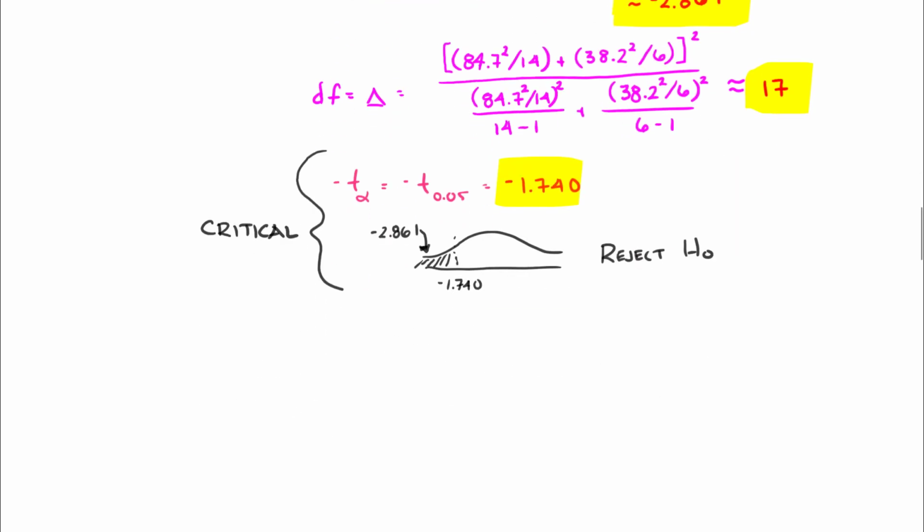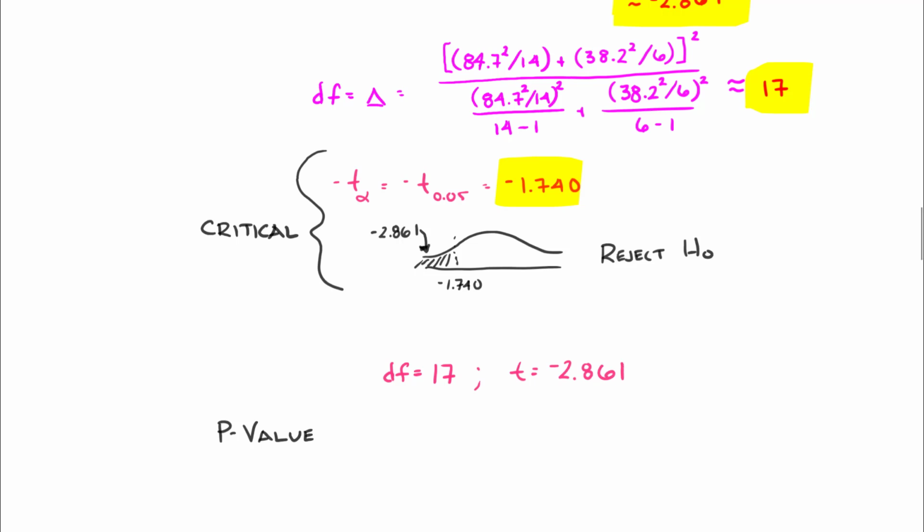And then for the p-value approach, we would take our t statistic and we want to find that probability. The degrees of freedom again is 17, and our t value is negative 2.861.